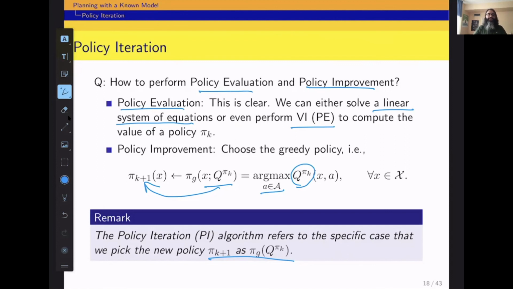How can we do them on computers? How can we even represent a function on a computer? If you want to represent a function like v of x, you can't just write it down. Even representing v of x when x is just a one-dimensional continuous variable is impossible on a computer, because the real line has an uncountably infinite number of points, so we can't represent it on a finite computer.